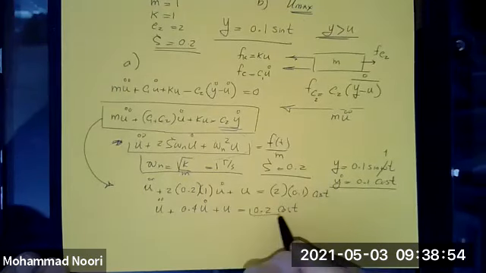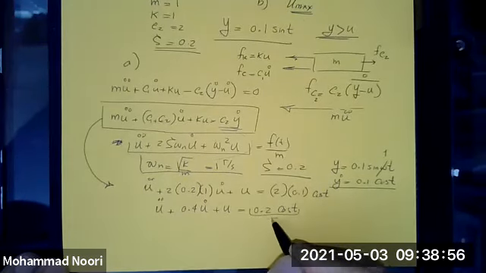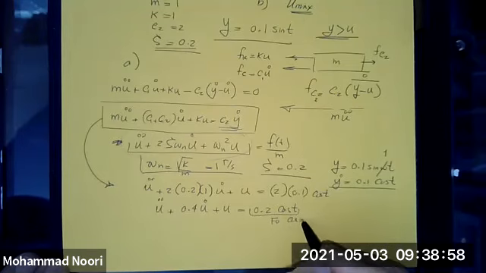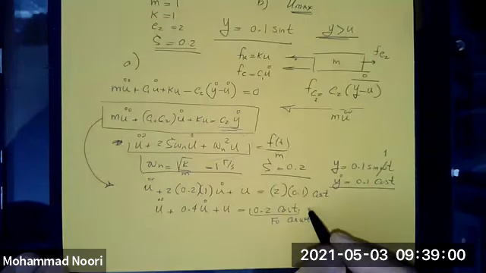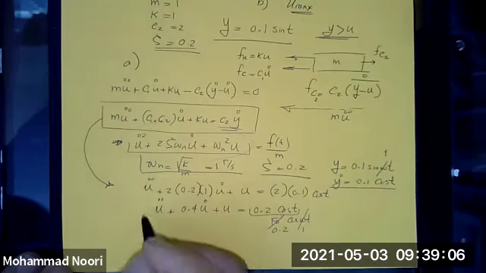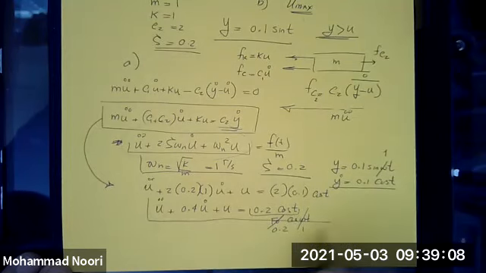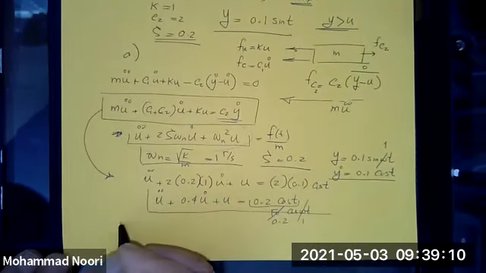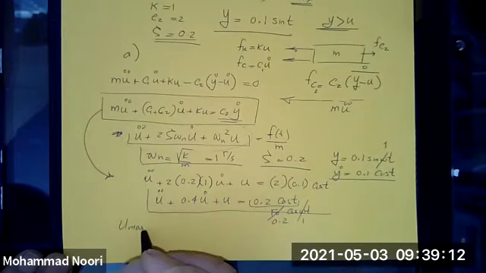So this is your f naught cosine omega t, where omega is 1 and f naught is 0.2. So this is the equation of motion. If you want to find u max, what is it?